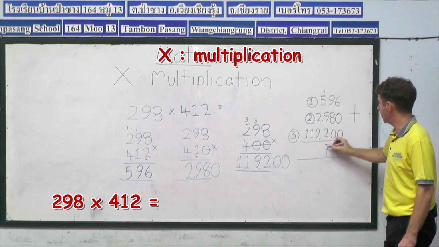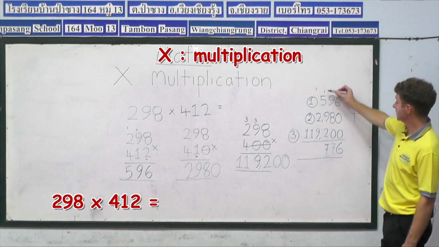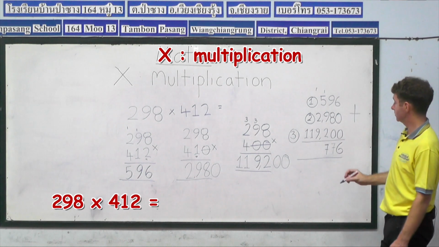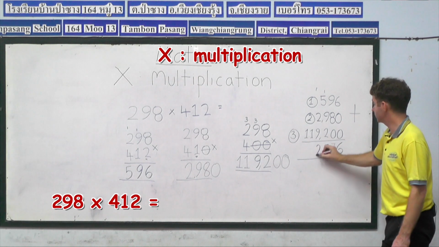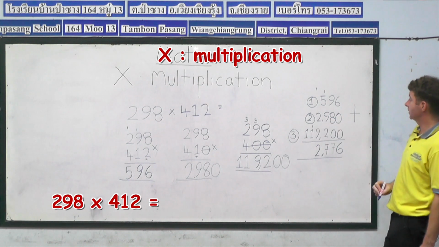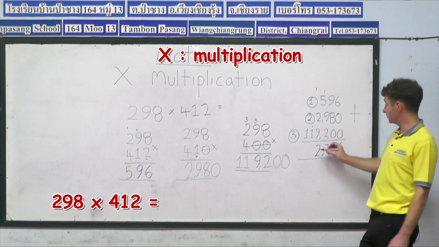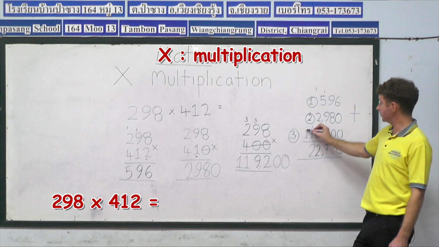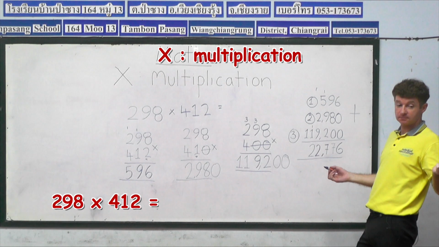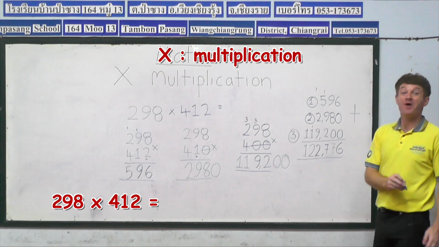So 7 again, carry the 1. And now we're into the thousands. So 9 plus 2 plus 1 equals 12. So we'll write that. And then carry the 1. Now we're into the 10,000s. 1 plus 1 equals 2. And then the 100,000s, 1. 1 plus nothing equals 1. Now we have our final answer.